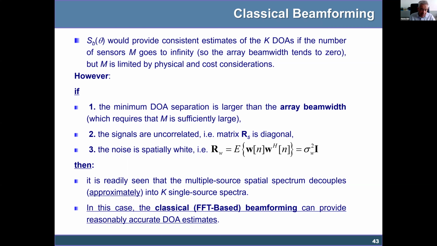Under these three assumptions, if these three assumptions are satisfied, the classical beamformer, FFT based if we are talking about ULA, can provide accurate DOA estimates. Otherwise, it is biased. So probably it's better to use something else.